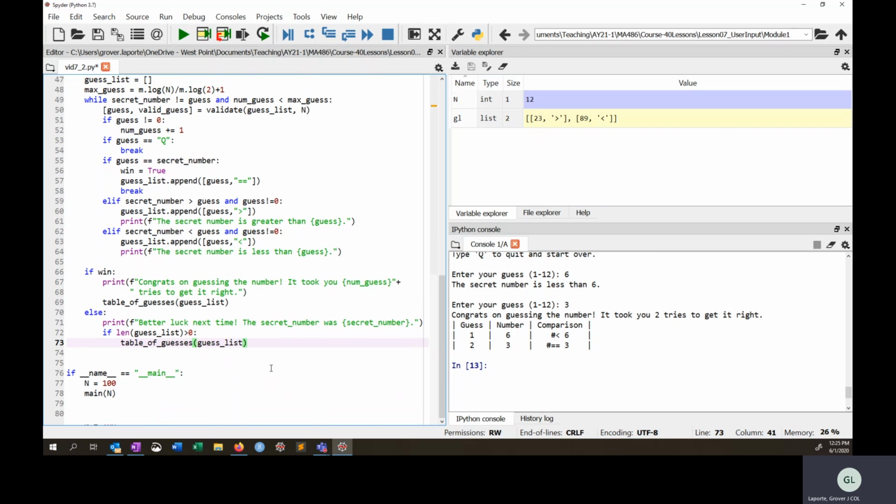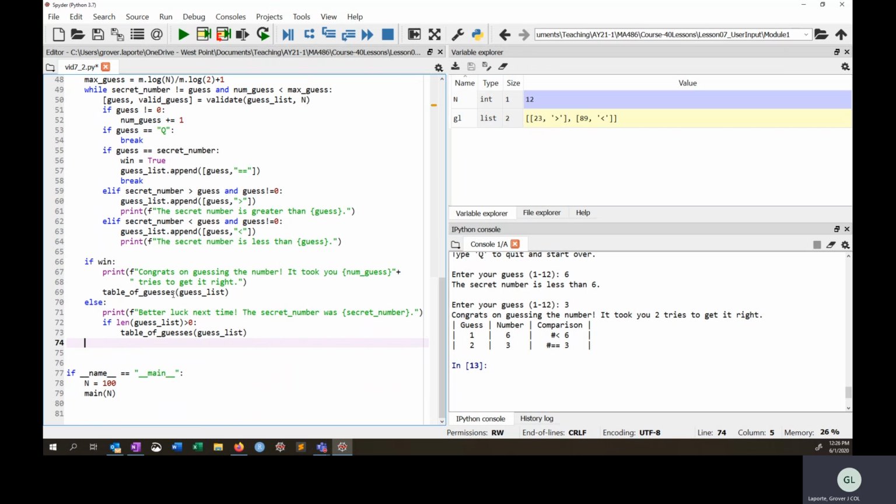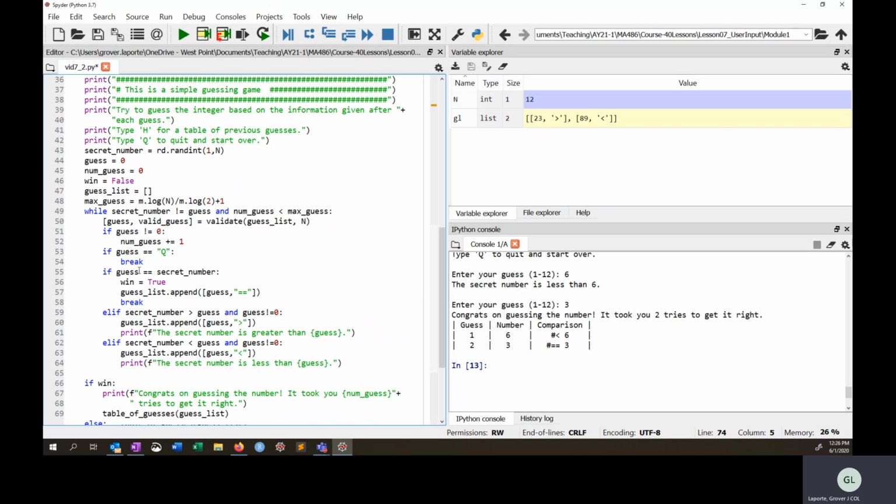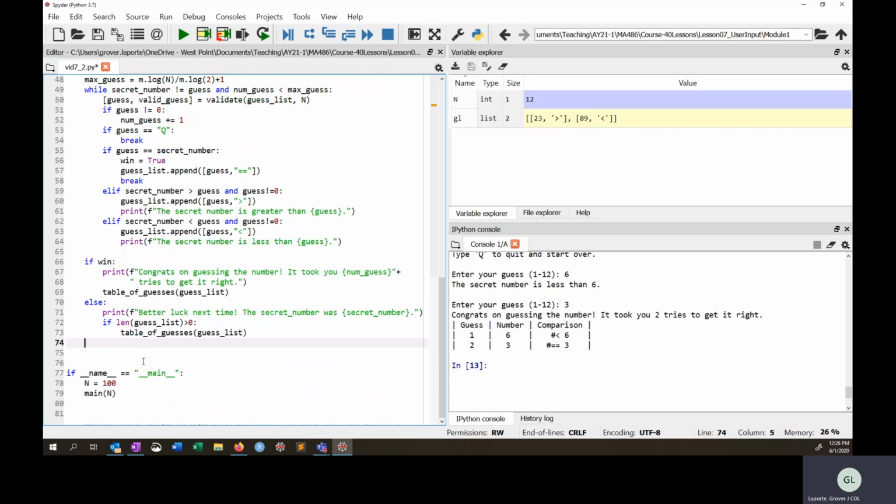What this prevents is if someone hits quit right at the beginning and you didn't record any guesses at all in your data structure, then you just don't want to do anything. You just want to say, hey, better luck next time, and then tell them what the secret number was. All right. That's all that we need to change in the main program, the main function.